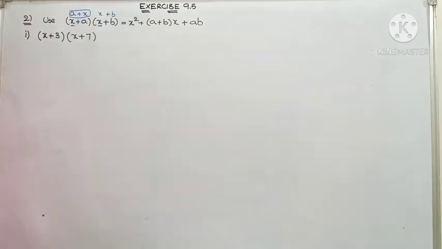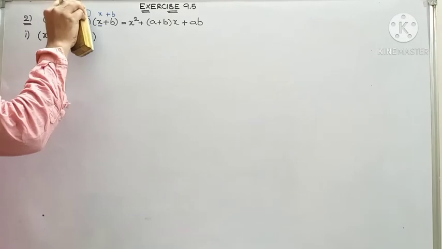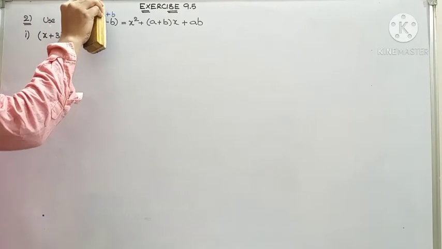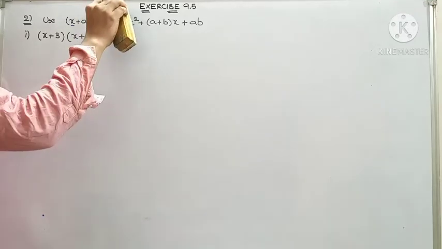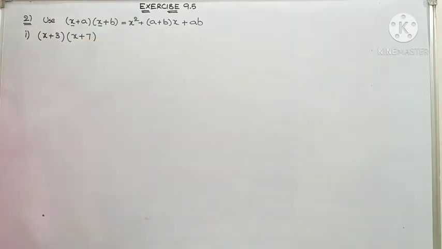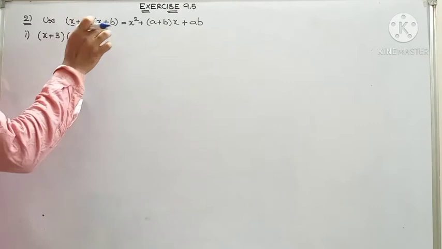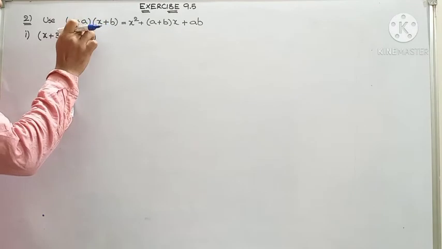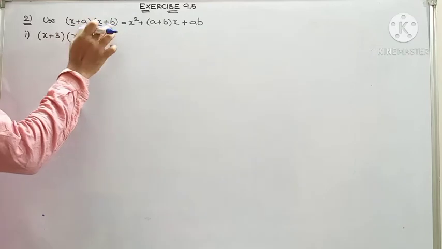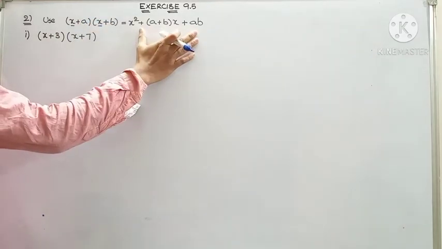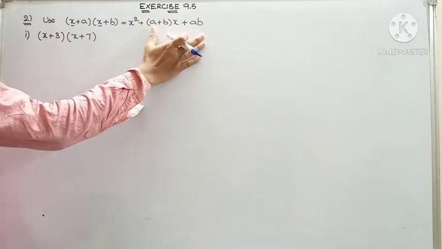Don't get confused, as it is the rarest case. Just keep this in mind: when one of the terms of the given binomials under multiplication is the same and the other two are different, we have to make use of this identity.